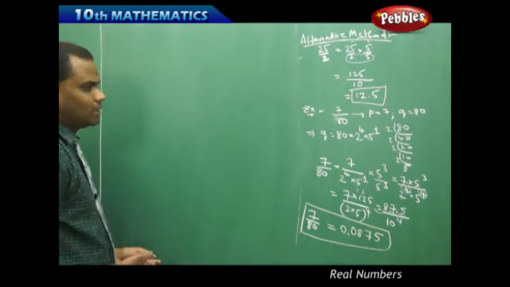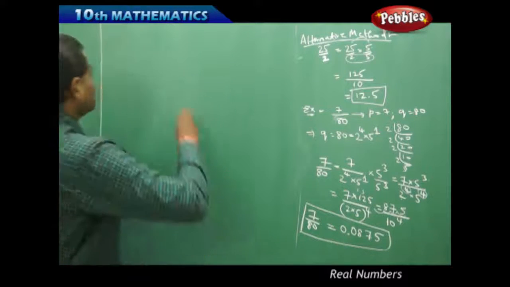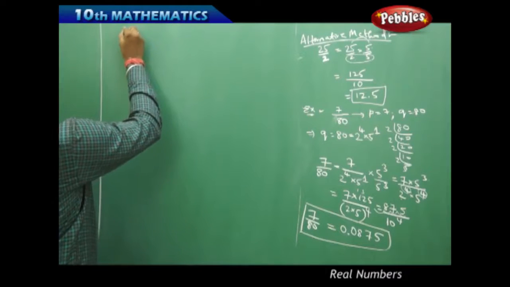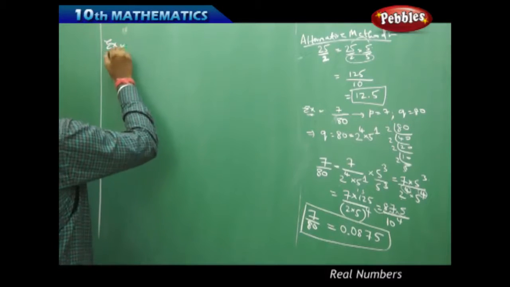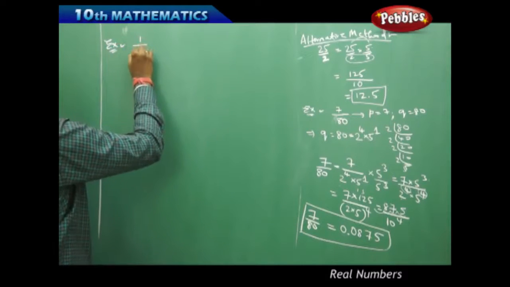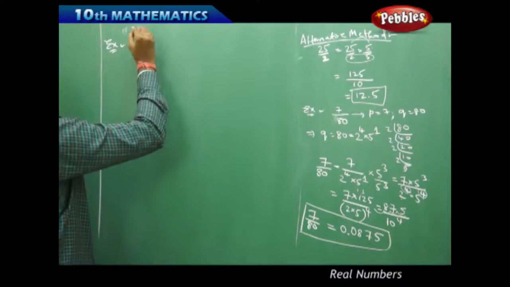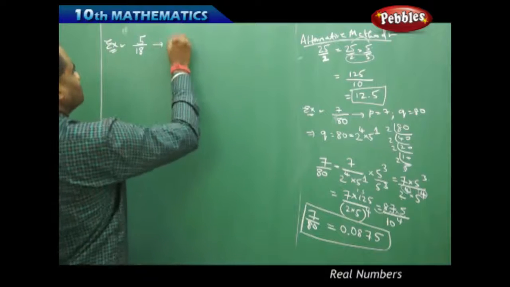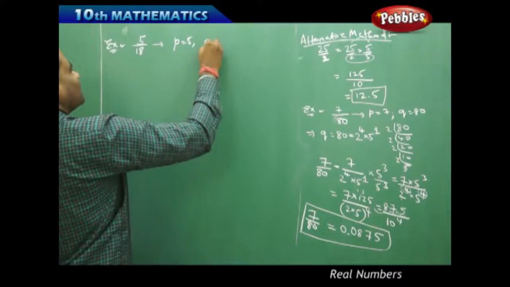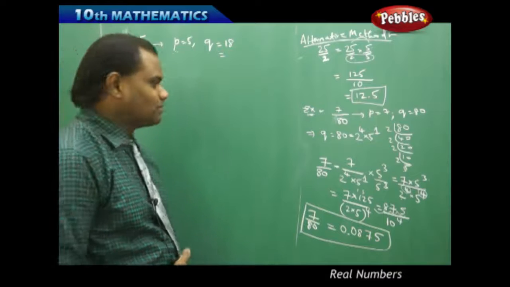So let's take an example problem where the decimal is non-terminating. So for example, I take 5 over 18. In this case, 5 over 18 is clearly understood with p as 5 and q as 18, and immediately I want to express this as powers of 2 and 5.